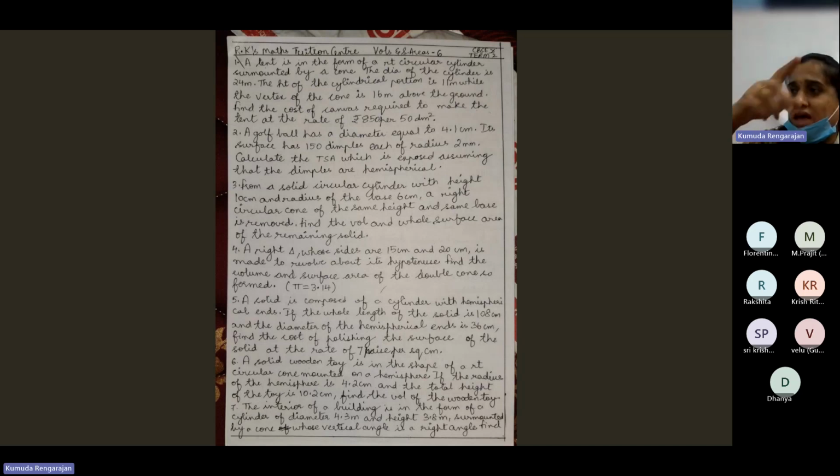No. Because of the hemispherical depressions, the 150 circular mouths are not there. When you find 4 pi r square, TSA of the golf ball, you're finding the area as if it is smooth all over.